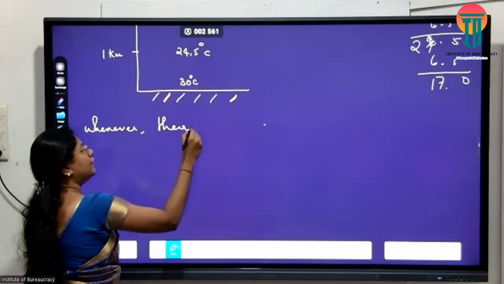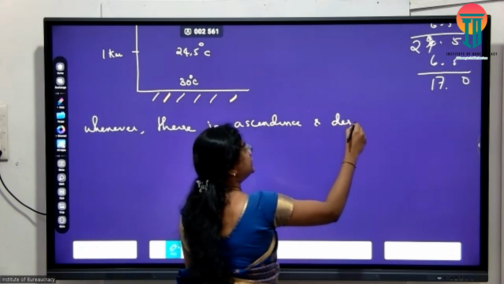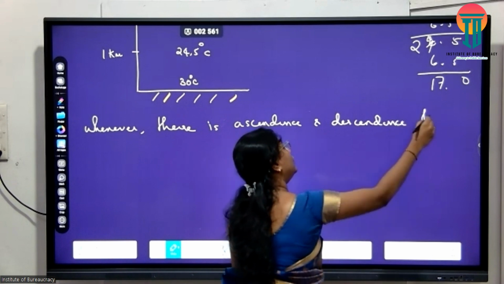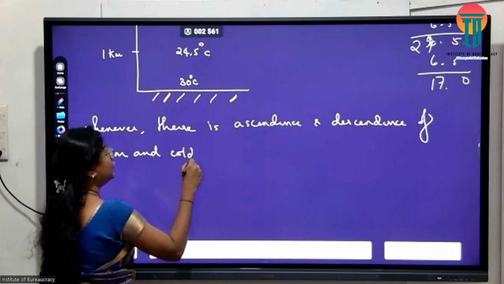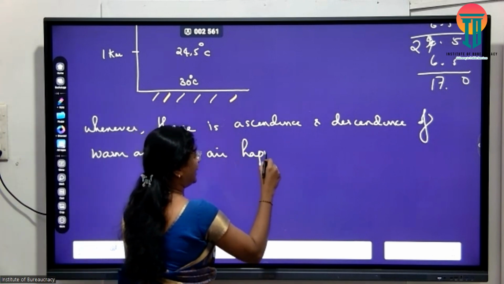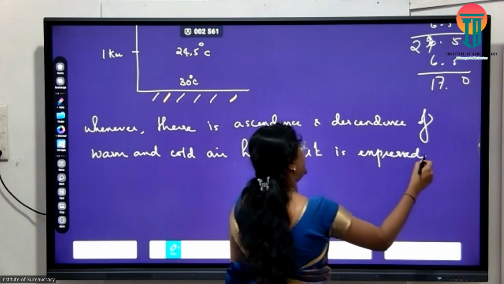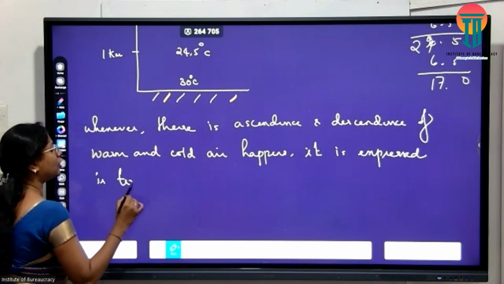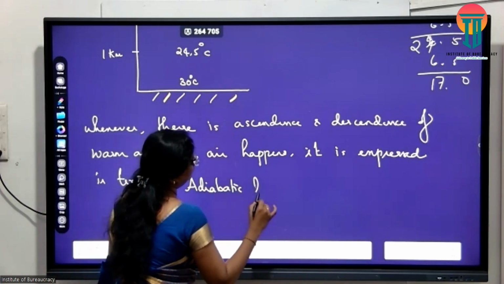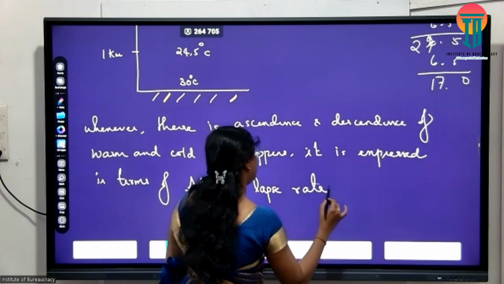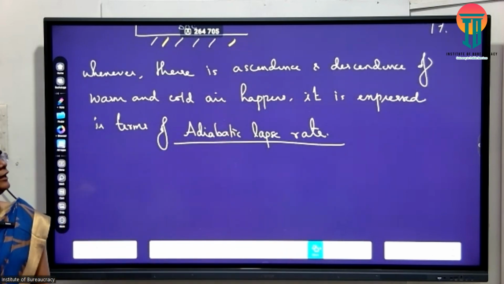Whenever there is ascendance and descendance of warm and cold air, it is expressed in terms of adiabatic lapse rate.